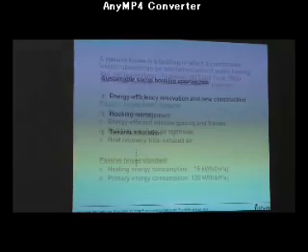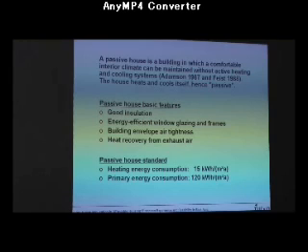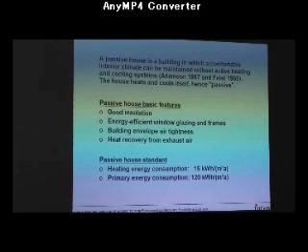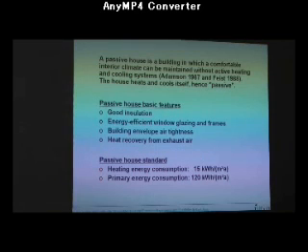Here I'd like to introduce energy efficient renovation and new construction through the passive house concept. A passive house is a building in which a comfortable interior climate can be maintained without active heating and cooling systems. That means the house can heat and cool itself, so we call it passive.